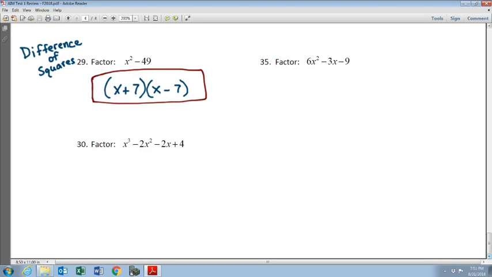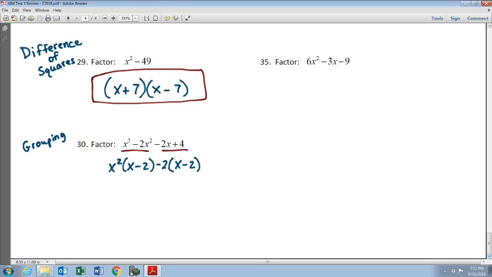Alright, number 30. We have 4 terms, so we want to factor by grouping. So let's factor the first two terms. We've got a GCF of x squared times x minus 2. So we're expecting an x minus 2 when we factor those other two terms. Let's see, I need x times something to give me negative 2x. That's just minus 2.